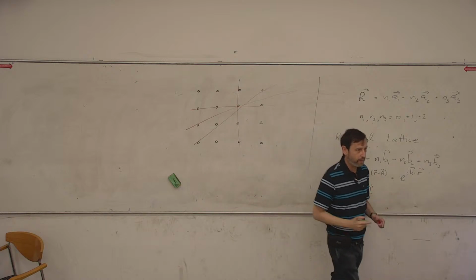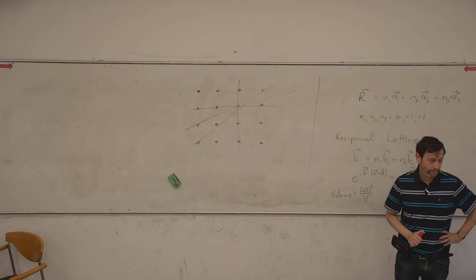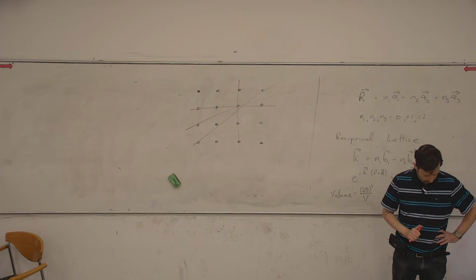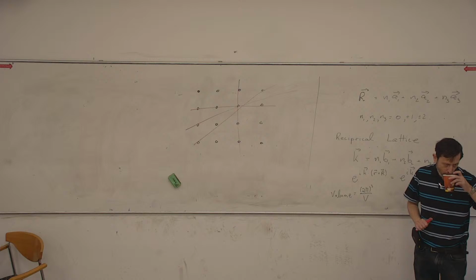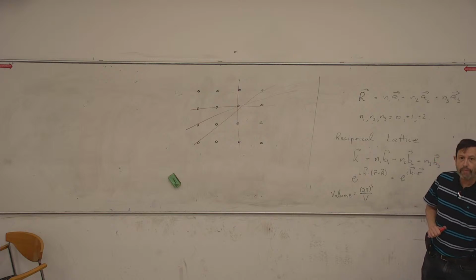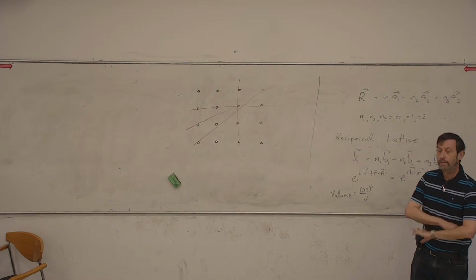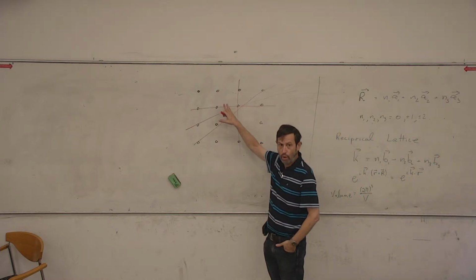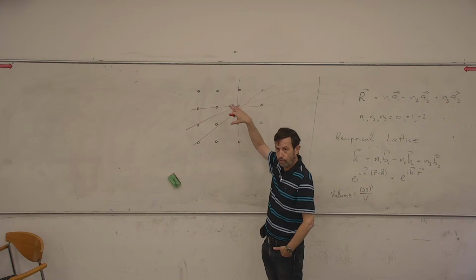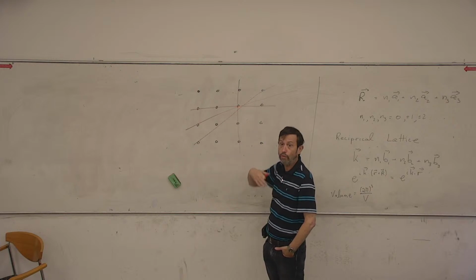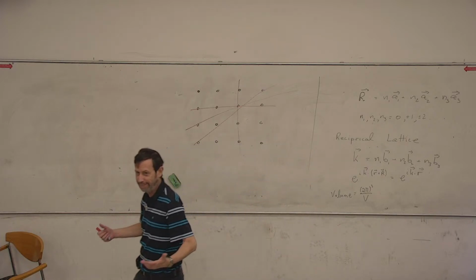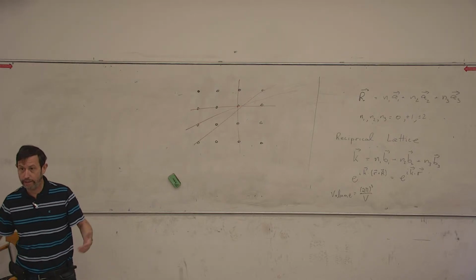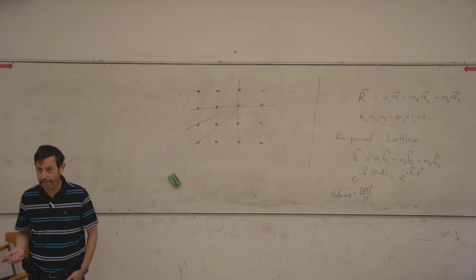They all go through points. They don't go over all points because they're a plane and not a volume, but they cut through a family of points.